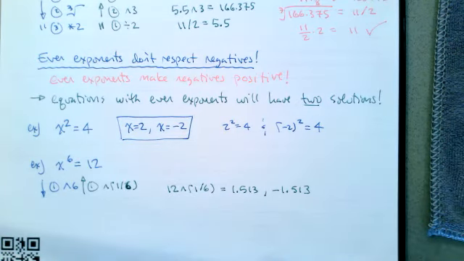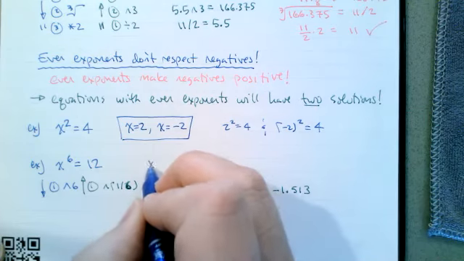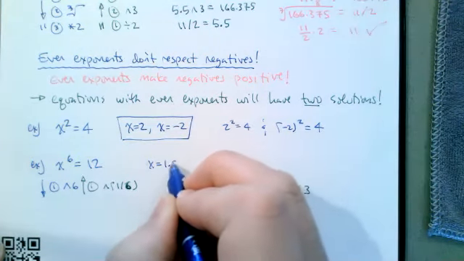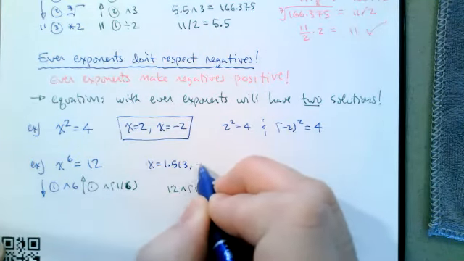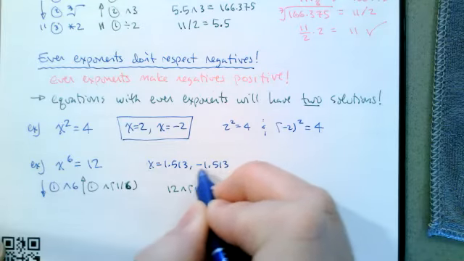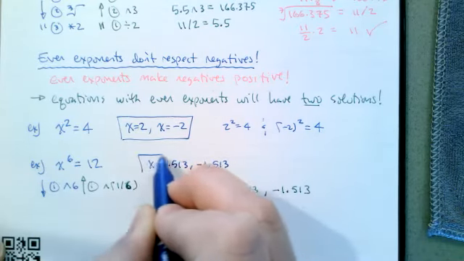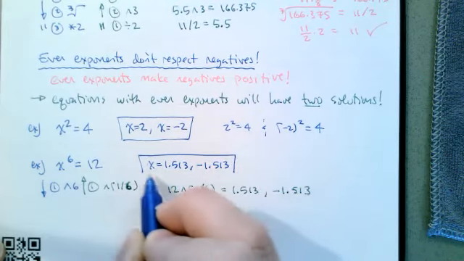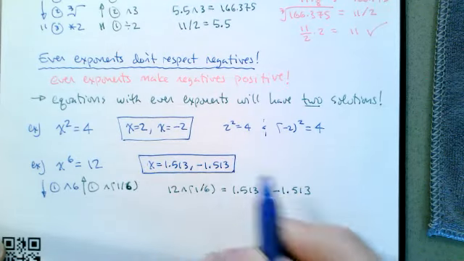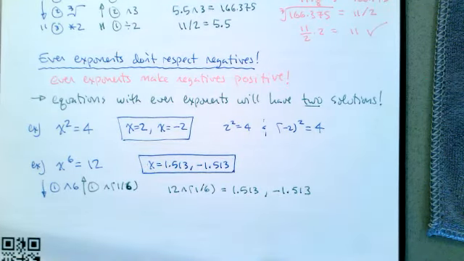So there was an even exponent, so I should expect two solutions. x is 1.513, and x is -1.513. Any questions?